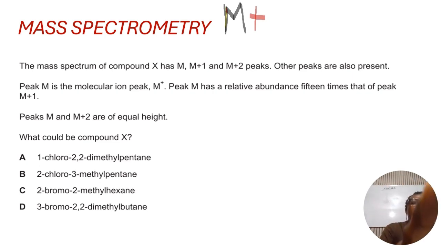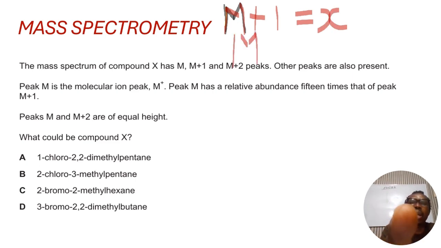Let's assume that peak M+1 is equal to X. That means peak M, the molecular ion peak, will be equal to 15X, which is 15 times X.